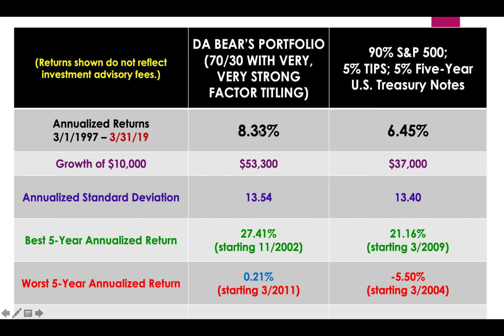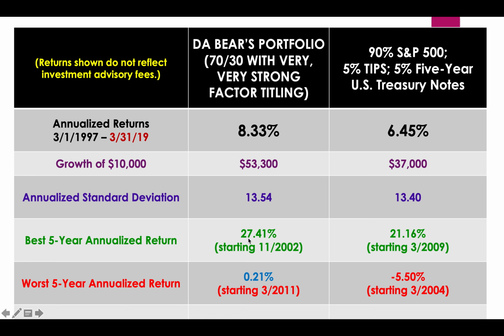All right. So it outperforms that because you're using all these factors and this really strong factor tilting, even though you have 30% fixed income investments. The standard deviation of the portfolio is about the same. The growth of $10,000, just see here, almost a 2% difference. Look what the difference in value of the growth is because of the compounding nature of the extra returns.